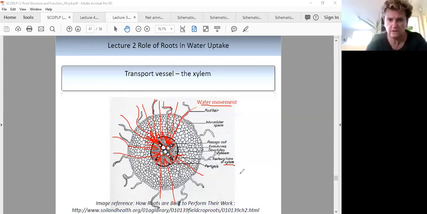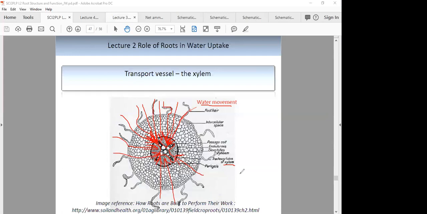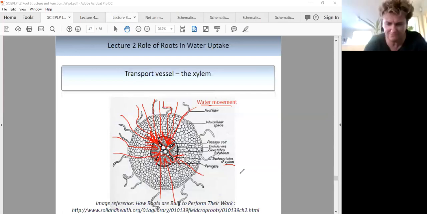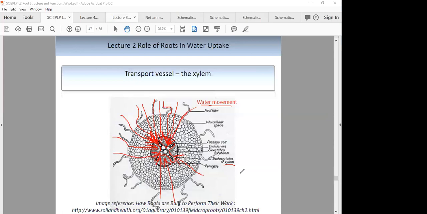Someone said concentration. Tell me more. Concentration of nutrients, yes. What's happening with the concentration of nutrients that's driving that movement of water right through that root into that central region?